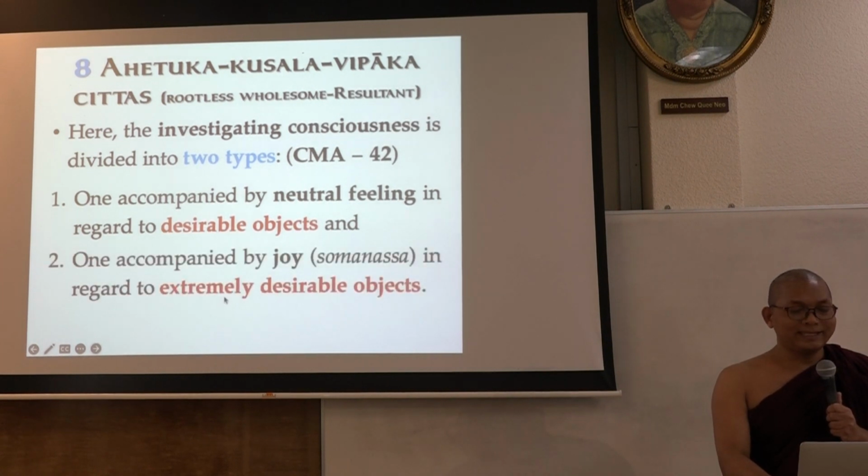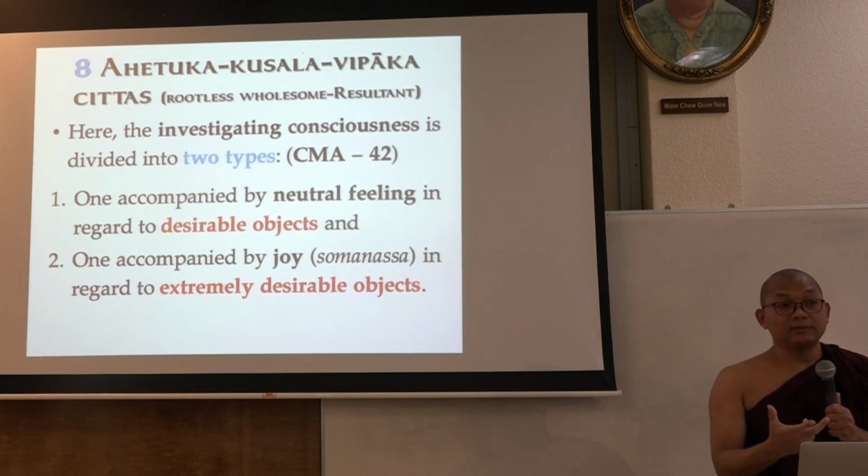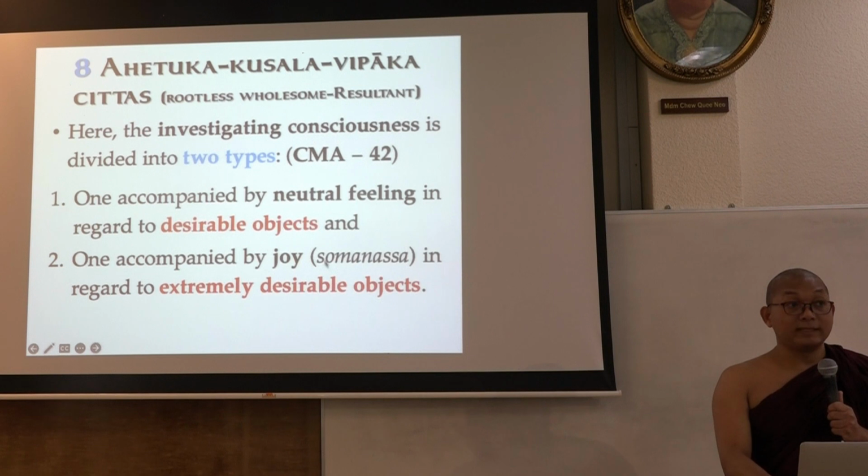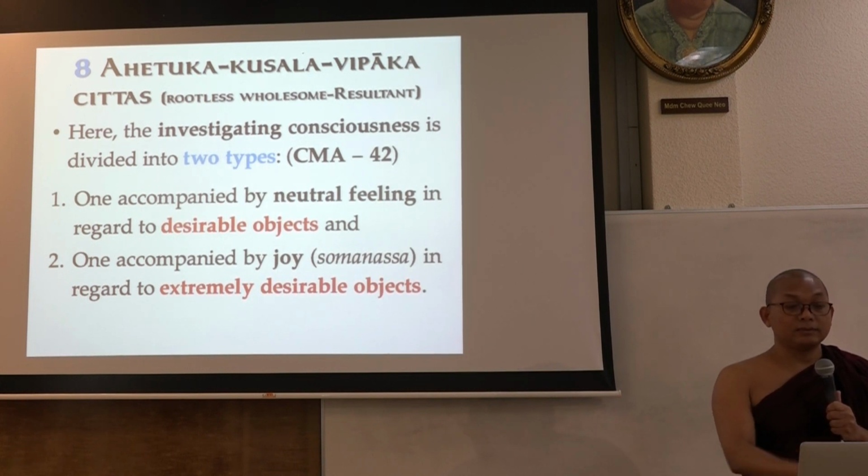But when you see an extremely desirable object, when you are eating very good food, or touching something very pleasant with your body, then the mind naturally examines that object with joy, somanasa. So number one is neutral feeling, number two is joy feeling. There's a difference. When you know this, understanding the 8 ahetuka kusala vipaka is very easy.